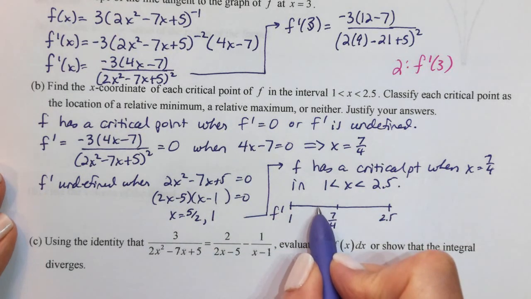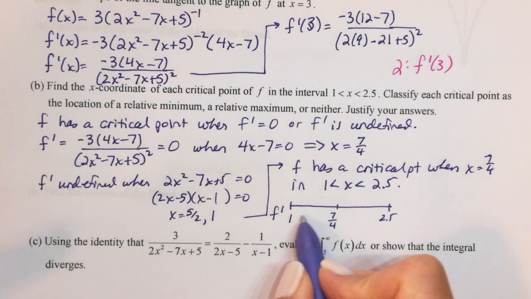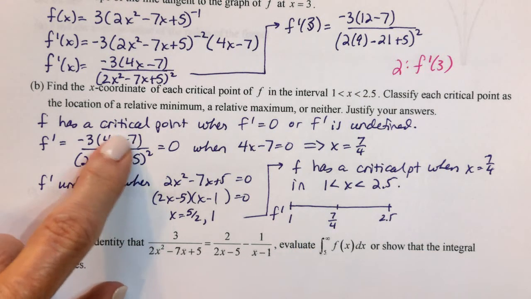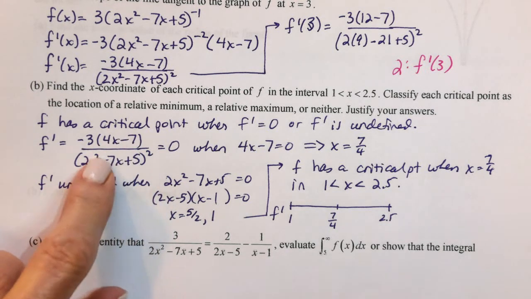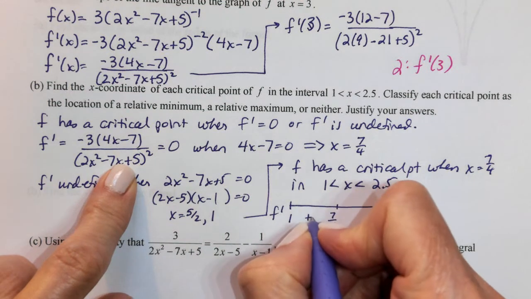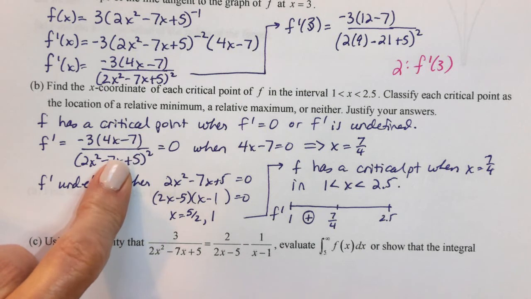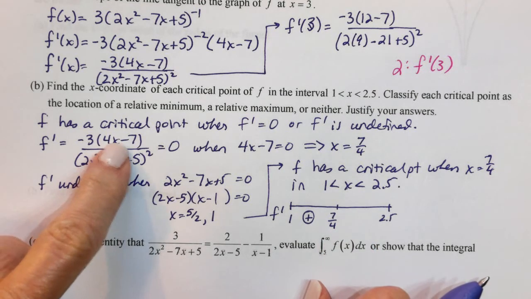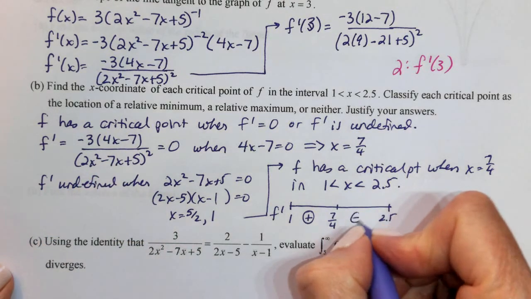So to the left of 7/4, maybe at just slightly over 1, this parentheses will be negative. Negative times a negative is a positive. The denominator is positive. So this is positive. Since the denominator is squared, I know it's going to be positive. Just to the right of 7/4, maybe at 2, if I put 2 in for x, I'll get a positive times a negative divided by a positive. So that is a negative.